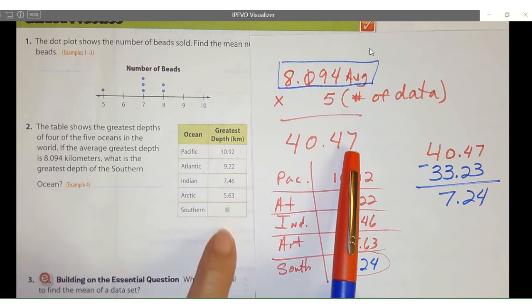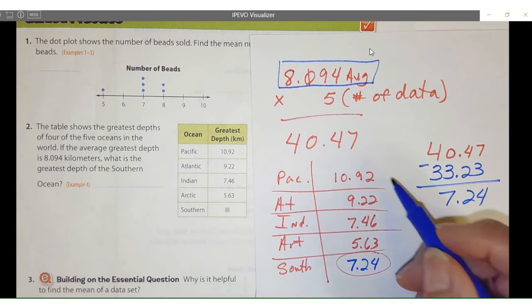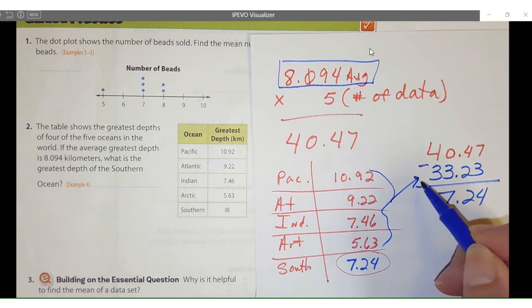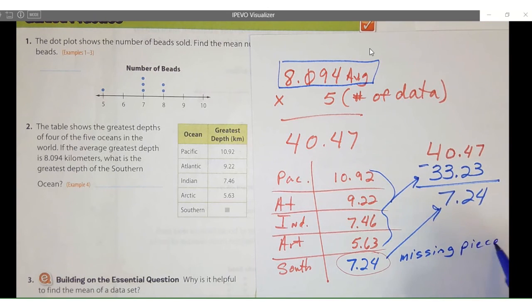So that would be the total of all of them. Okay, so now I take that 40.47 and I subtracted the total of these right here. That's what I did. And then I got the missing link, which was this one piece of data.